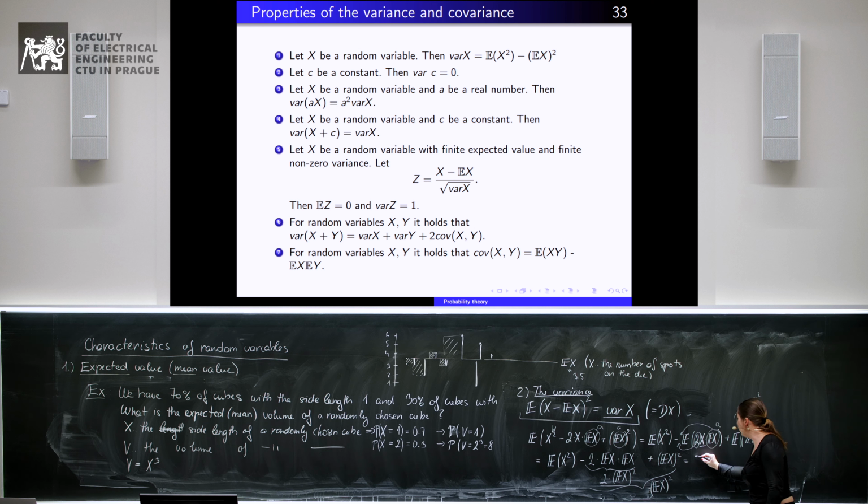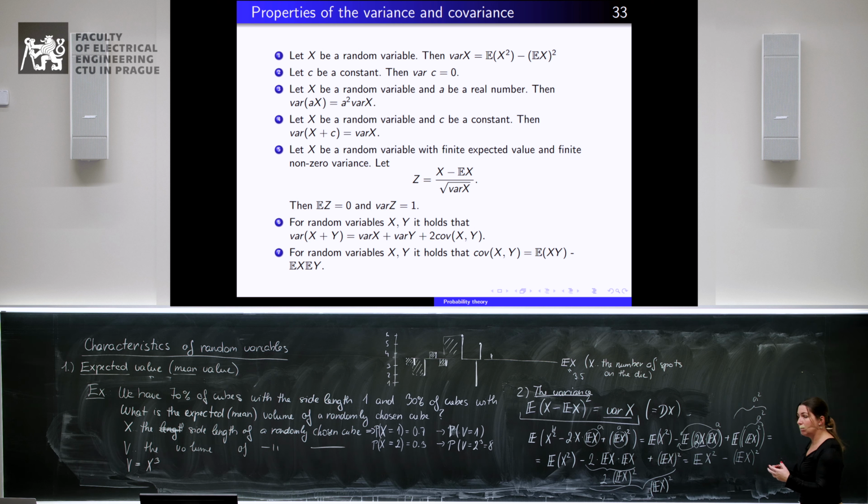So we obtain the relation which is written in the first property, that the variance can be calculated as the expected value of x squared minus the square of the expected value. And now I will omit the brackets from here, because this is the usual notation.